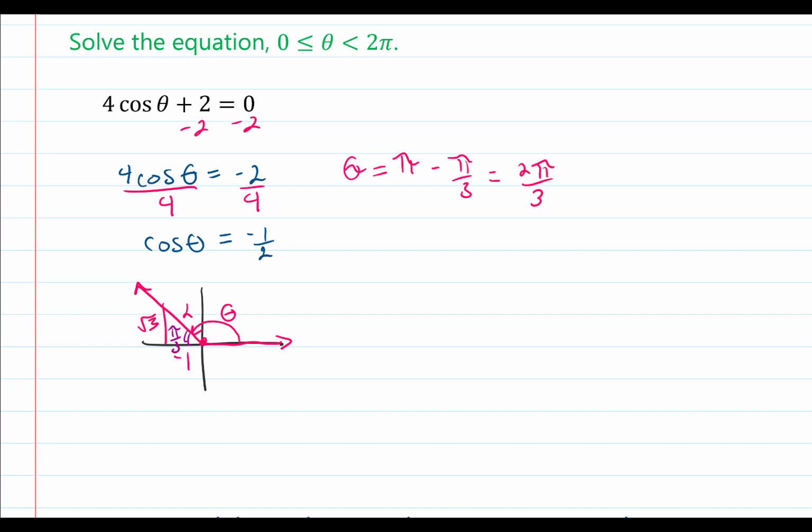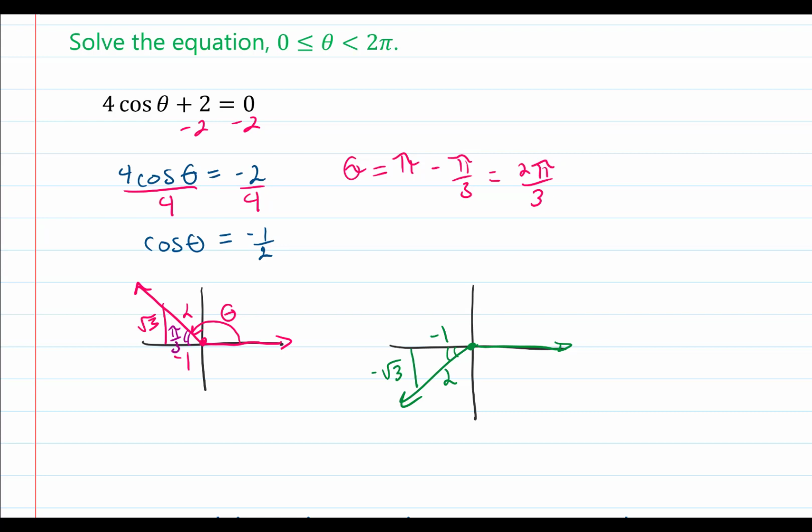Now that's one of my 2 solutions because I know there is a second quadrant that results in a negative ratio for cosine. That second quadrant is actually quadrant number 3. So in quadrant number 3, I also know the adjacent side is negative 1. Hypotenuse is still 2, but in this case my opposite side is negative square root of 3.